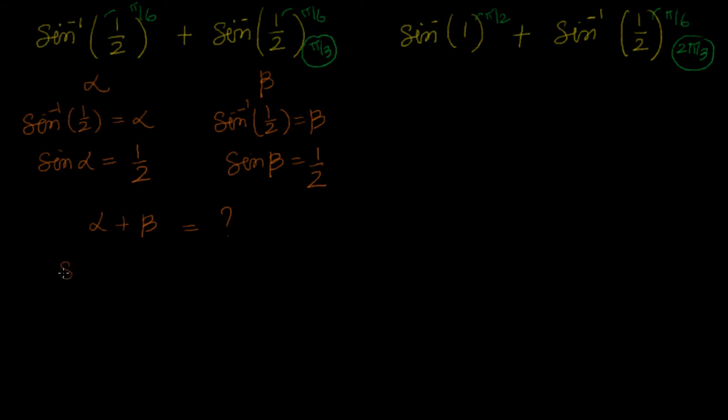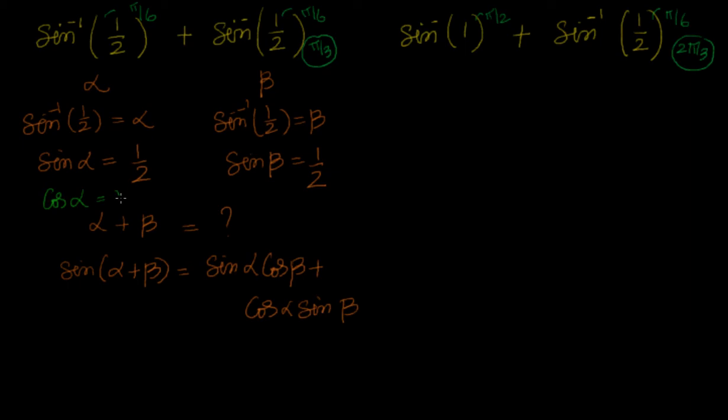So I will say sine of alpha plus beta equals how much? We want to find that. For that, the formula we know is sine alpha cos beta plus cos alpha sine beta. We know sine alpha equals 1 by 2, sine beta equals 1 by 2. From Pythagoras you can easily find cos alpha equals root 3 by 2 and also cos beta equals root 3 by 2.